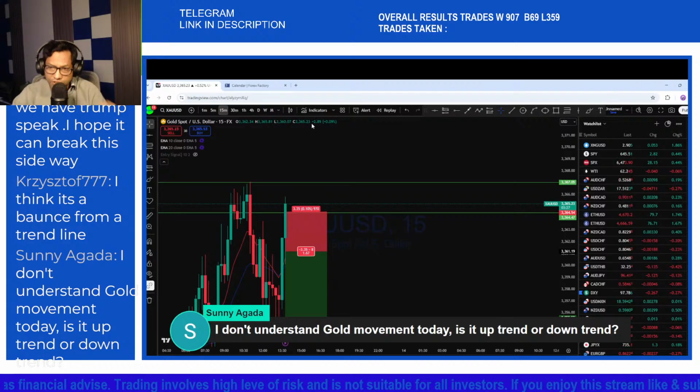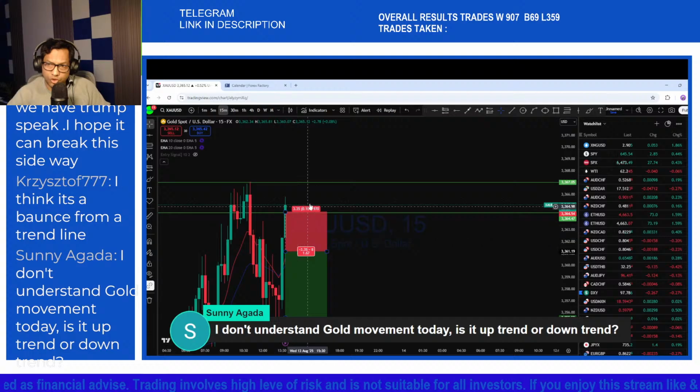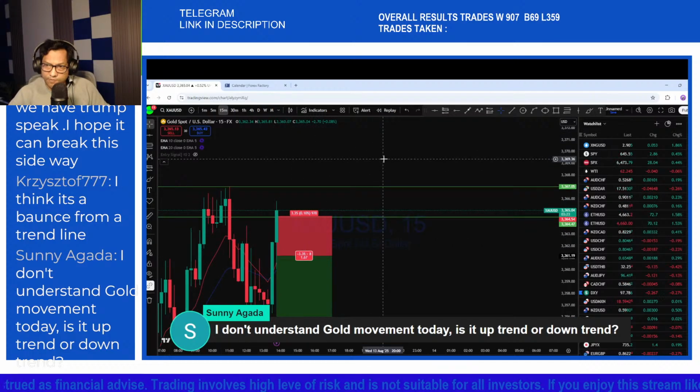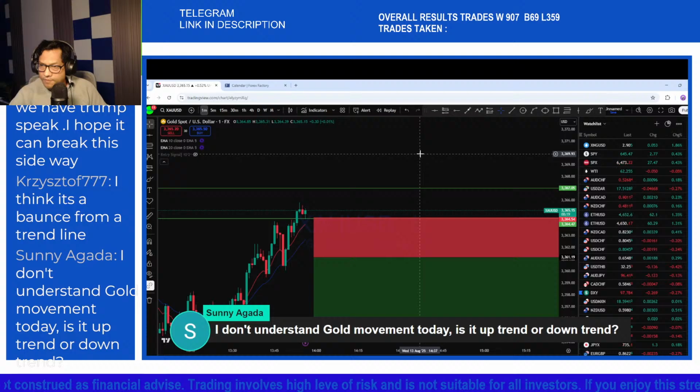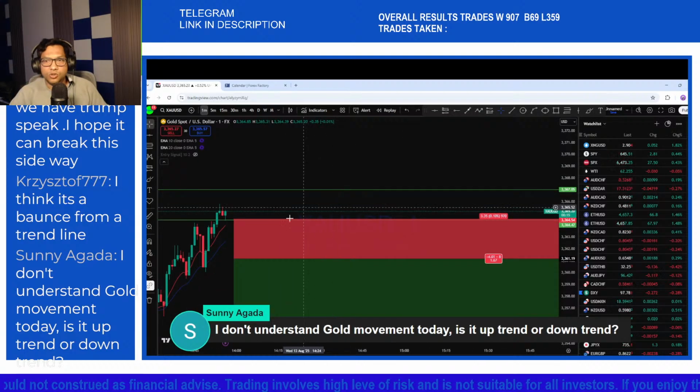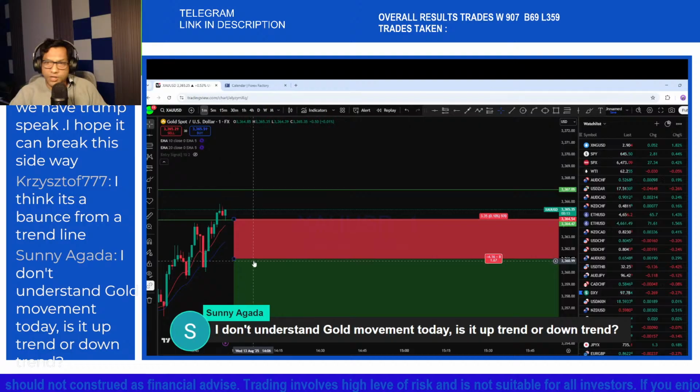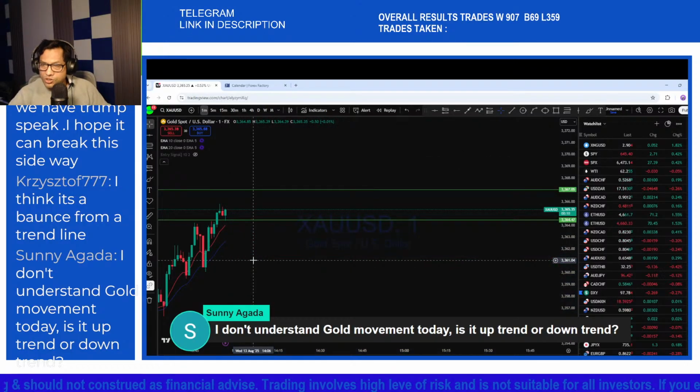There's a 10 and 20 MA retest here, showing that possibly it may move back to the upside further. So we have to wait for the candle close here on the 4-hour chart.